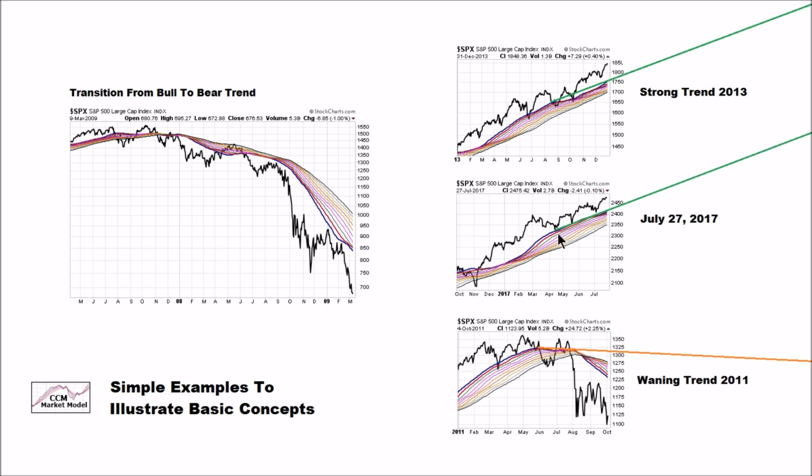If we draw the same line point to point on the blue moving average from here to here, we can see the trend in the present day looks a lot like the trend at this point in 2013. This is December 31st, 2013, and really doesn't look anything like the waning trend that we could see in the evidence that we had in hand before this big plunge in calendar year 2011.